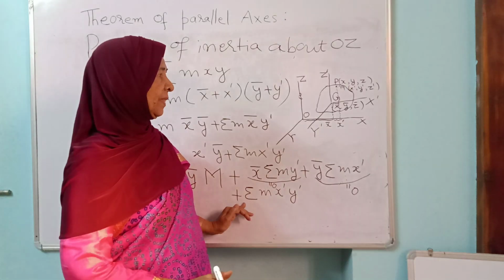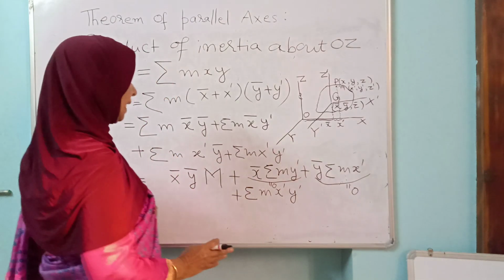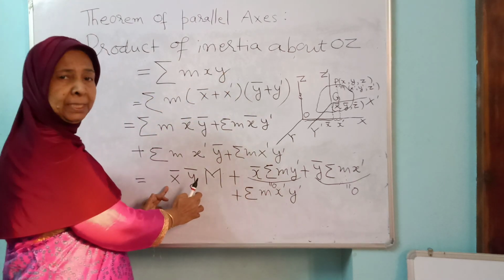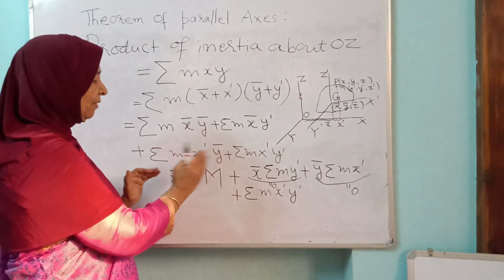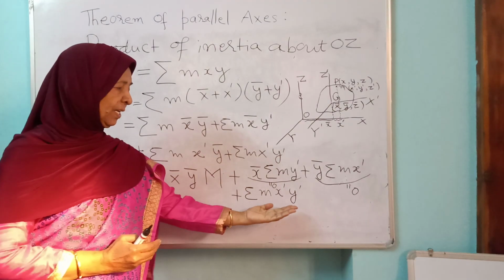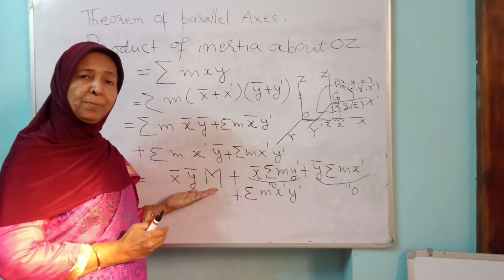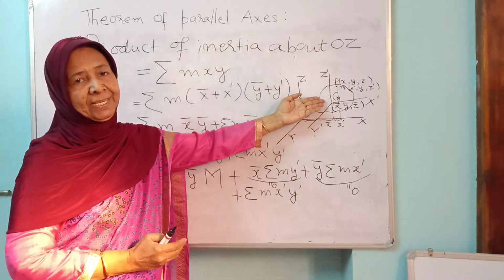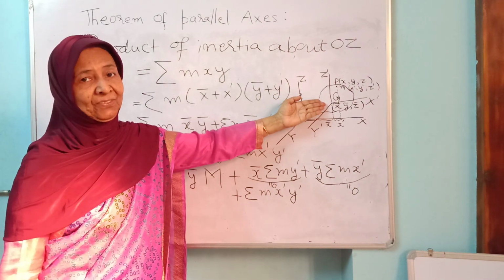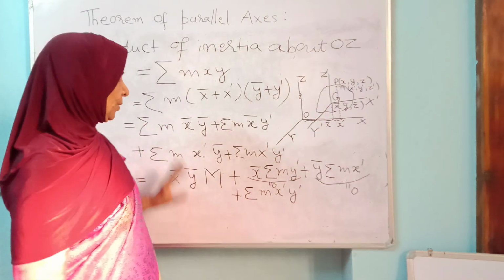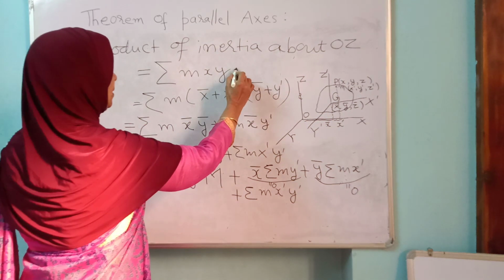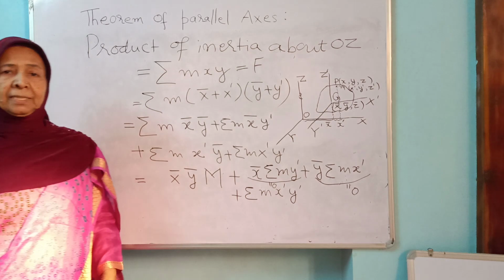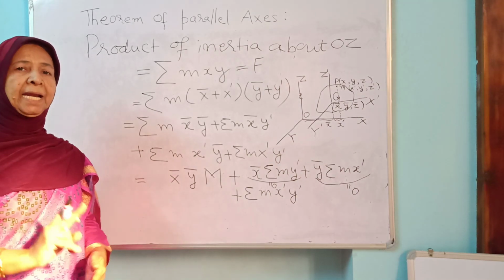So again, summation mxy is a sum of these two quantities. It will be least when you consider only this term, since the other is omitted if you consider the axes gx dash, gy dash, gz dash itself. So this is termed as F. Now we have found the result for C and F.